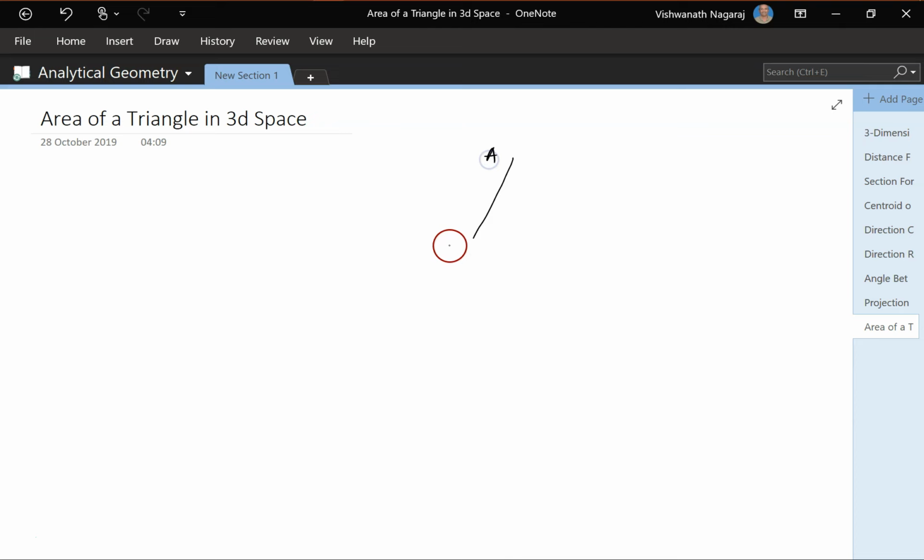Figure out the area of a triangle in 3D space. Now, let's say we have a vector AB and we have C, right? And so we do have a triangle in which two are vectors and the third is the resultant vector.